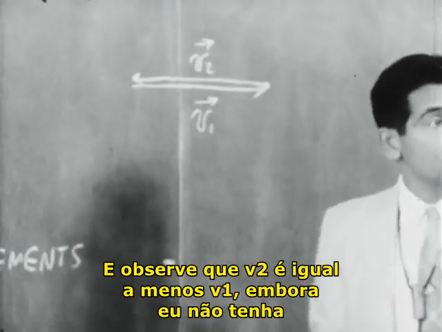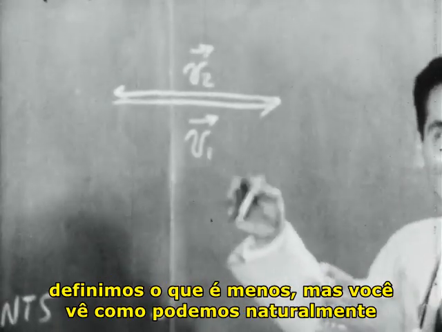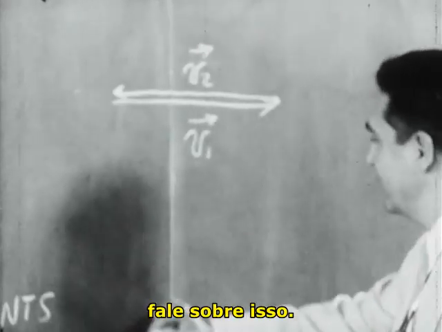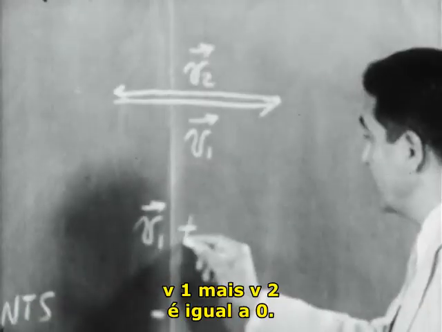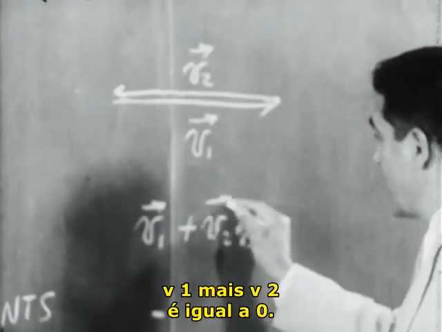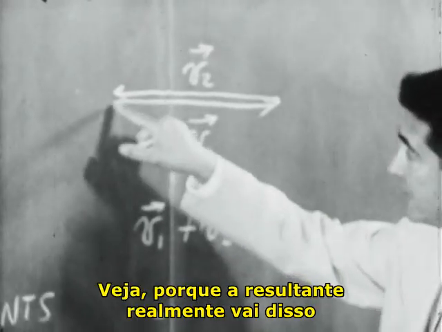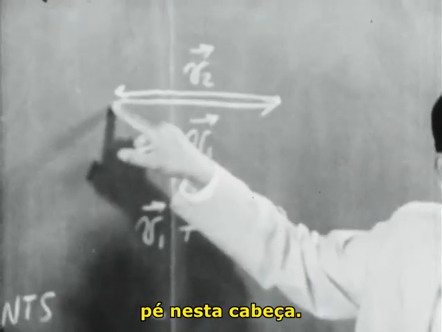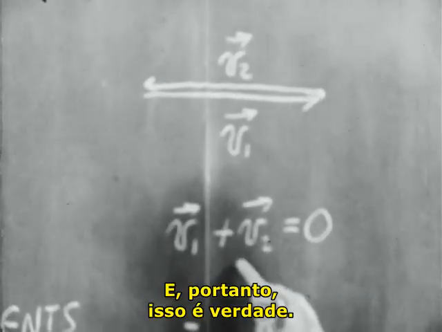And notice that V2 equals minus V1, although I haven't defined what minus is, but you see how naturally we can talk about it. At any rate, considered as a problem in addition, V1 plus V2 is equal to 0. You see, because the resultant really goes from this foot to this head. They're actually coincident, and therefore this holds true.